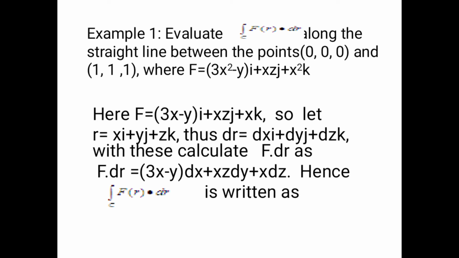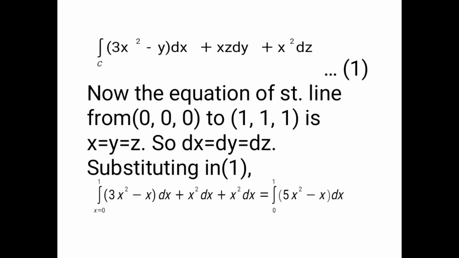So please correct it. (3x square minus y) into i plus xz into j plus x square into k is the given function F. So F dot dr will be (3x square minus y) into dx plus xz into dy plus x square into dz. Hence integration over C of F dot dr is written as integration over C of (3x square minus y) dx plus xz dy plus x square dz.